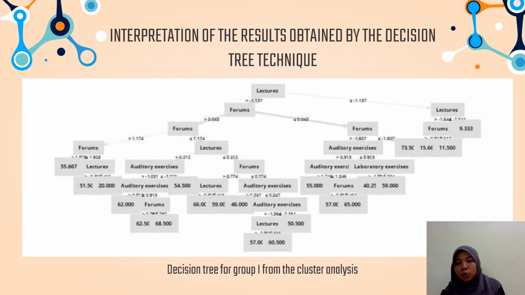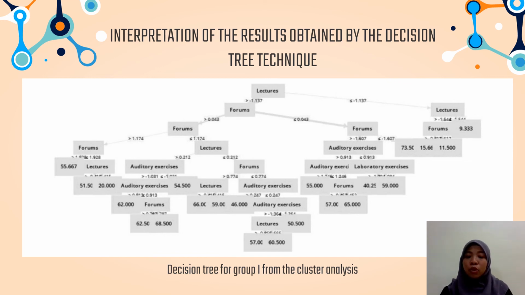Students in this group with the highest number of points in the midterm exam seem to recognize the importance of accessing the combination of materials from lecturer, auditory exercise, and laboratory exercise. The more often they accessed lecture materials and materials from auditory exercise, the more likely they were to score better points in the midterm exam.